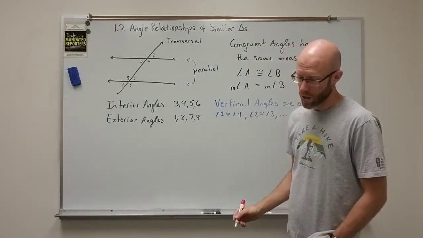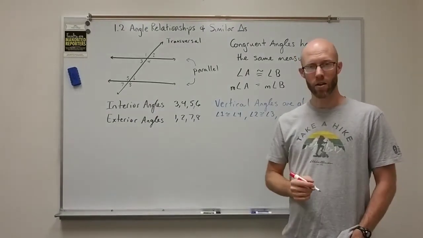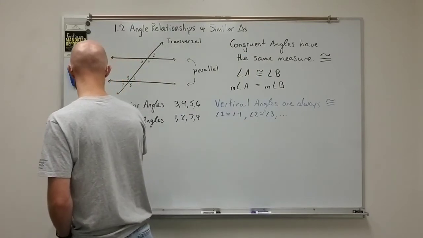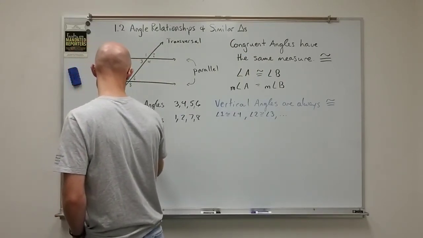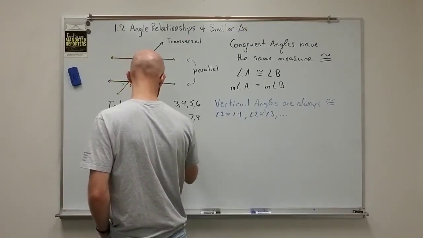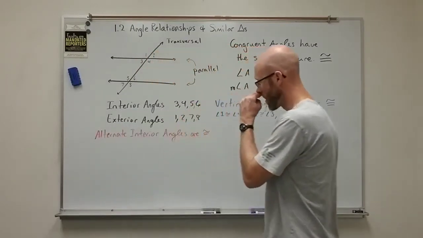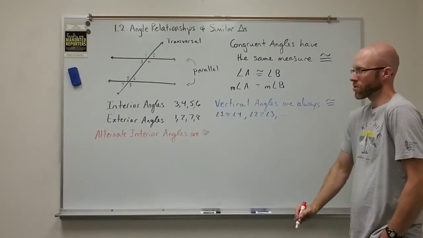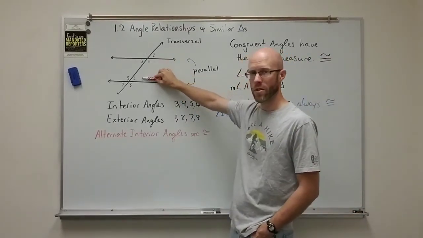So the next one is that alternate interior angles are congruent. Okay, so let's look at alternate interior angles. Okay, they're always congruent. And so an example of alternate interior, if you think about the interior angles are of course 3, 4, 5, and 6.